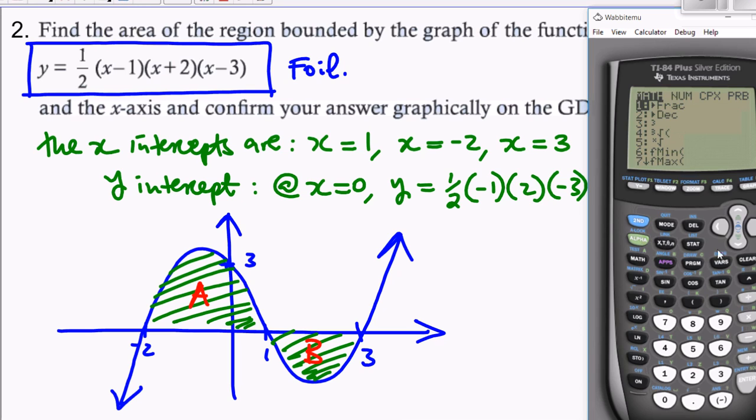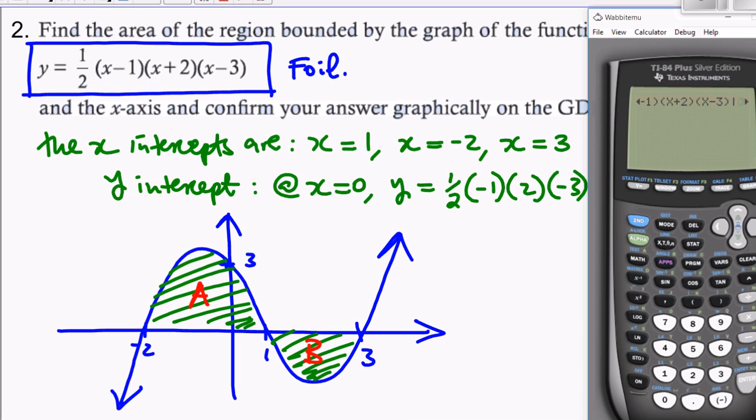So you go to math, absolute. And then I'll plug in the function. You can plug in the way it is, 0.5 into x minus 1 multiplied by x plus 2 multiplied by x minus 3.